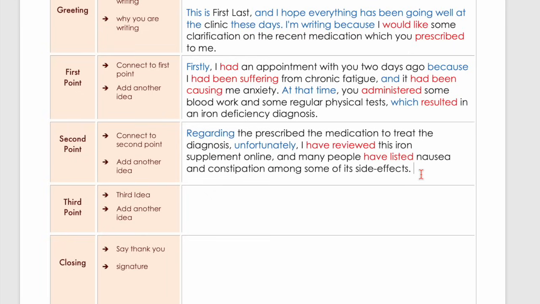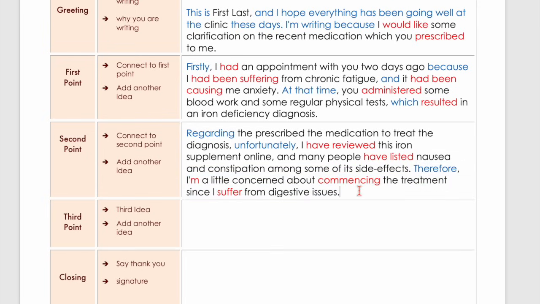Nausea and constipation. Okay. So what do I need to do next? Say a little bit more about how you feel about that. Therefore, I'm a little concerned about commencing the treatment since I suffer from digestive issues. Okay, so in this case, I don't want to take the medication, or I'm concerned about it because I have digestive issues, stomach problems.